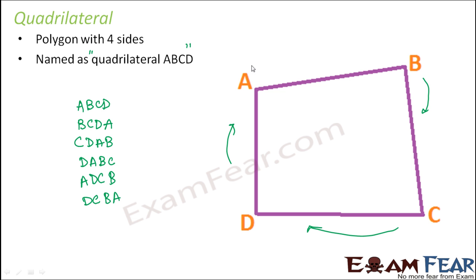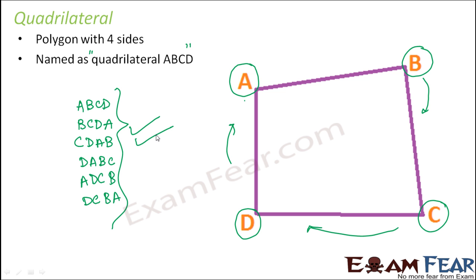But the important thing is that whenever you pick up any vertex, you need to write the adjacent vertex after that. If you are moving in this direction, after A you must write D, after D you must write C, after C you must write B. So you have to follow that cyclic sequence. From whichever point you start, either clockwise or anti-clockwise, you have to follow that sequence to name a quadrilateral. Now all of these names are correct. Let us say someone wants to name this quadrilateral as ACBD.